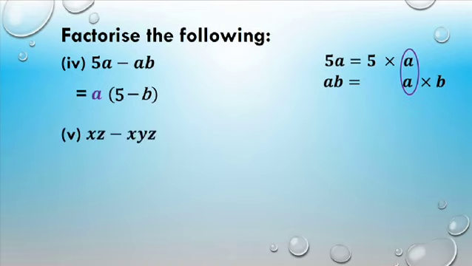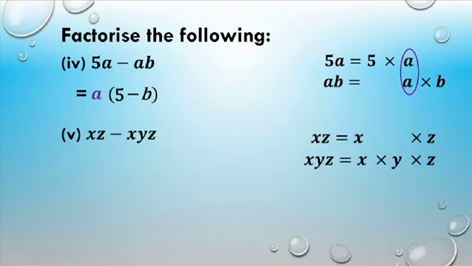Next example, xz minus xyz. So xz can be written as x times z. xyz can be written as x times y times z. So what is common here is x and then z. Now, for the first term, both x and z are common.